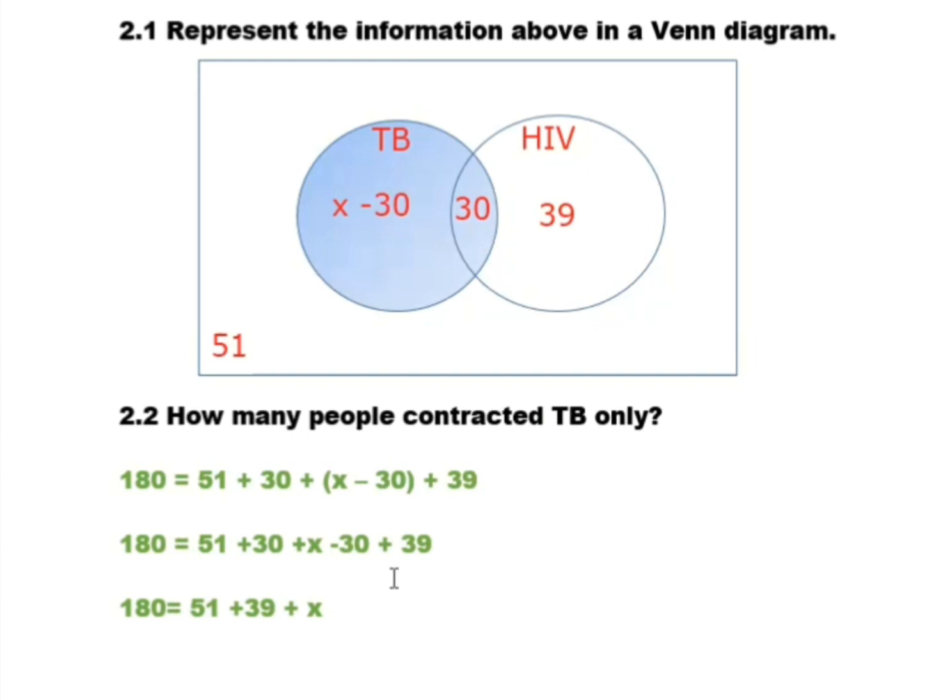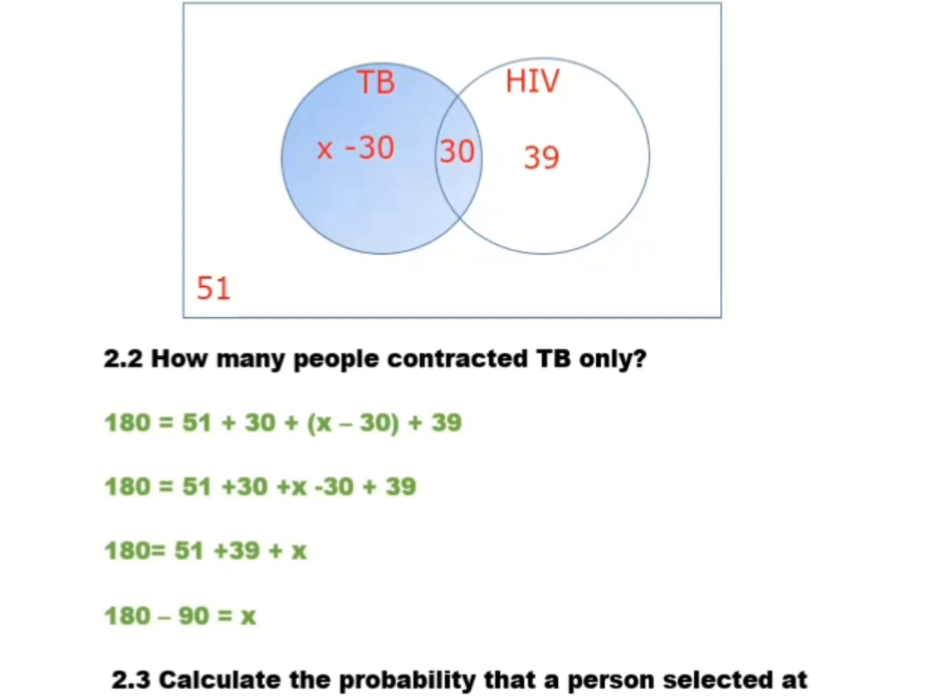And then you're going to take that 90 and you have to move it to the other side so that you group the like terms together. It's going to be 180 minus 90, which is equal to X. X is then equal to 90, right?